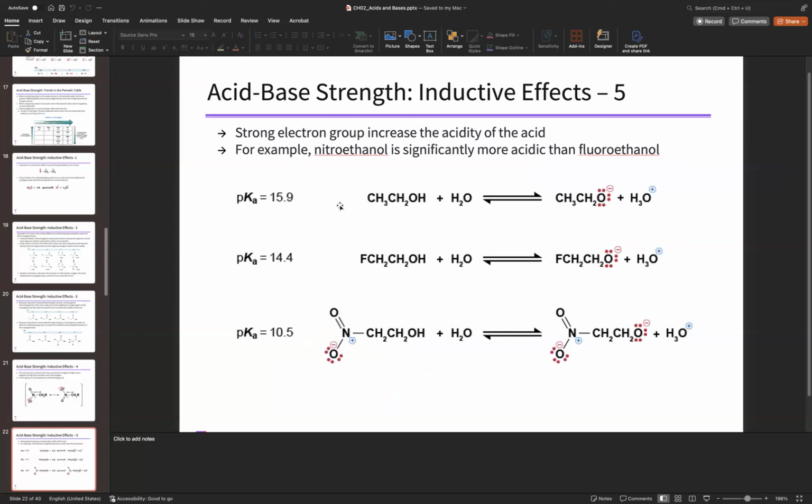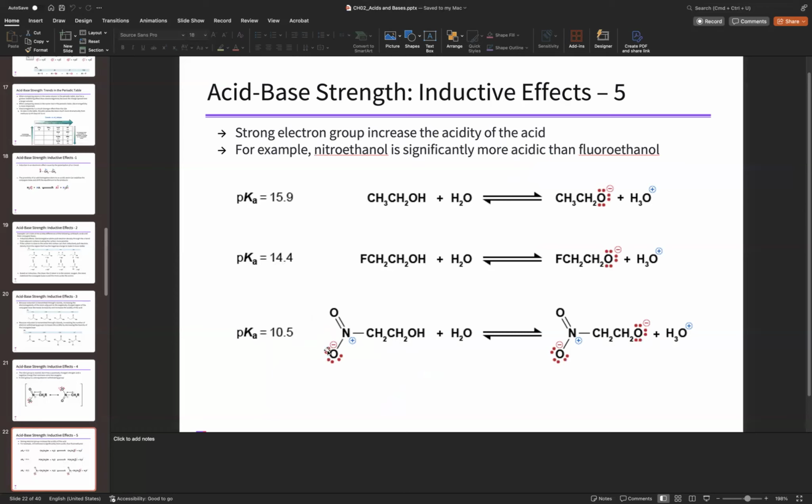Here are some more examples of pKa values. This is your bare ethanol. Ethanol acting as an acid, ridiculously high pKa, 15.9, so it's not a strong acid at all. But if we add a fluorine, it becomes a little stronger, still weak, but not that strong. But if we added a nitro group, it makes it even stronger.